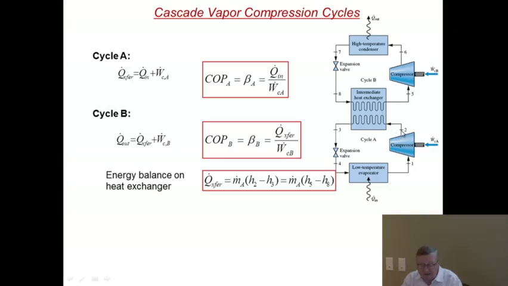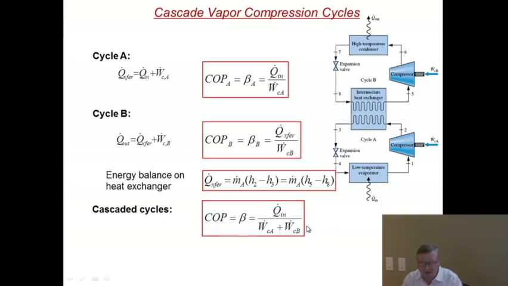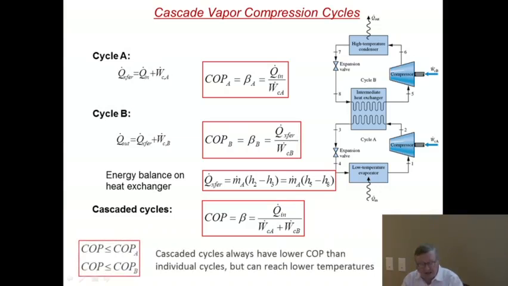But the heat balance is that if you look at M_A times (H2 minus H3), that's the enthalpy in, must be equal to M_B times (H5 minus H8) for cycle B. So in the cascaded cycle, then, you have a net COP, which is, of course, Q in, the useful heat, divided by the sum of the work that's input in A and in B, and that necessarily is smaller than the COP of either A or B taken separately. So cascaded cycles have a lower COP than individual cycles, but they reach much higher delta T's.